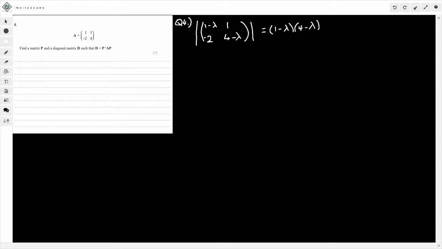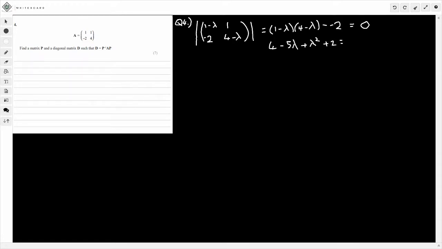And then we have to do minus 1 times minus 2, so minus minus 2. So I'm going to add 2 to that, and this is equal to 0. Simplifying this, that's going to give me 4 minus 5 lambda plus lambda squared, plus 2, sorry, that's minus minus.